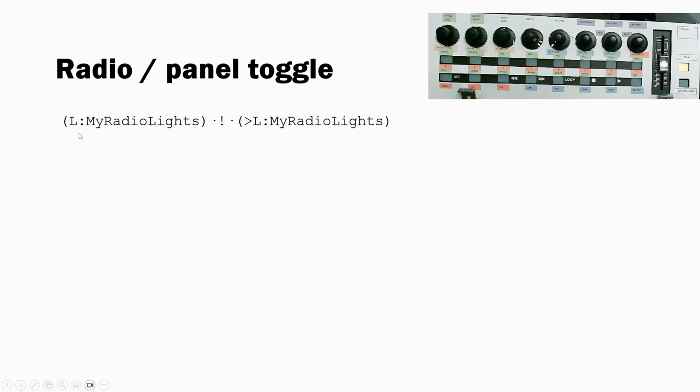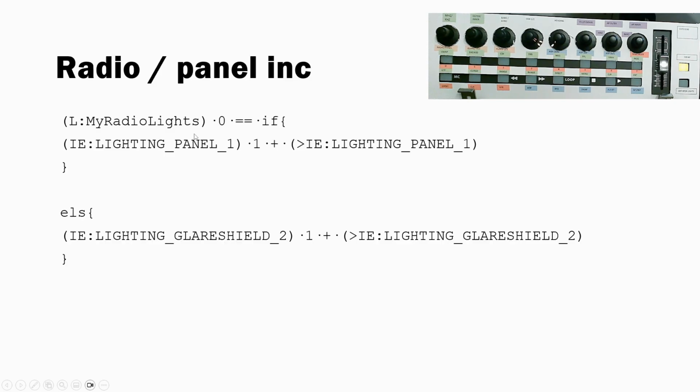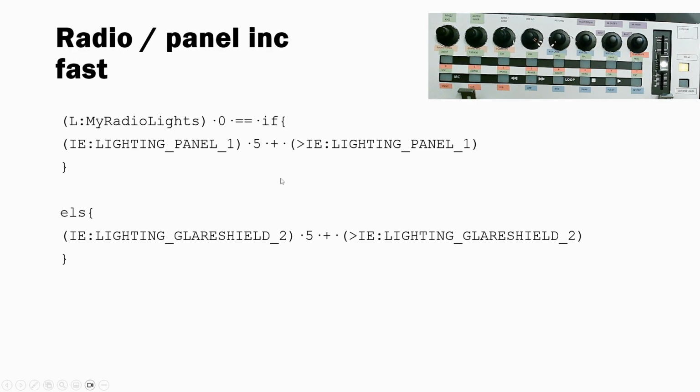So if I just talk you through the script and show you what they look like. So for the first one, obviously we're going to need a variable so we know whether we're doing the radio lights or not, and press the button does its toggle trick as before. The script for it, if I'm doing the increase, check the variable, and then we know whether we're going to be controlling lighting panel 1 or the glare shield.